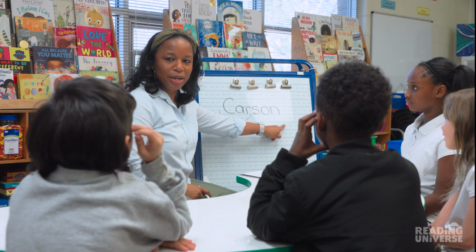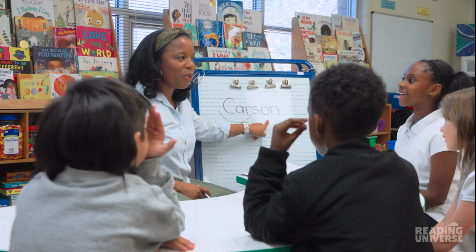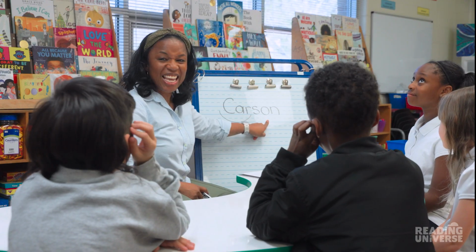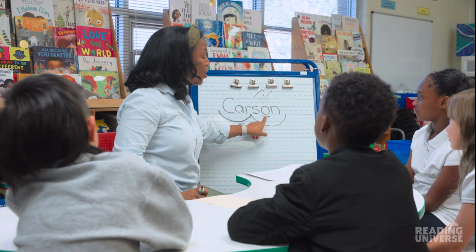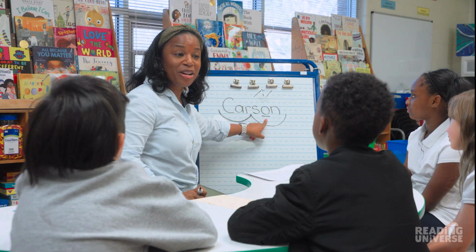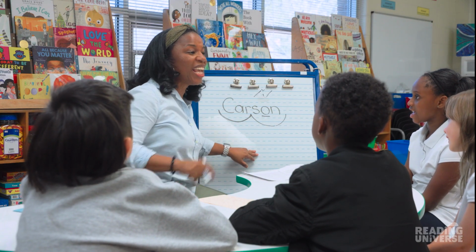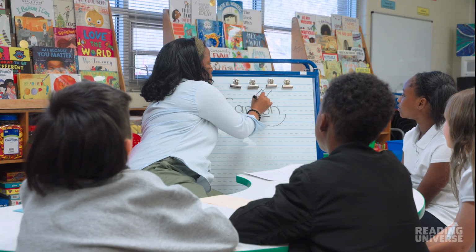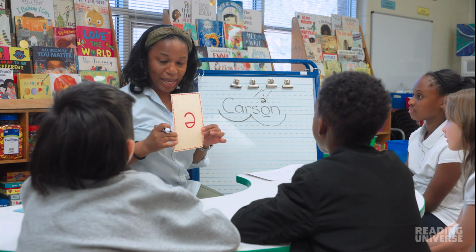Did I say Carson? No. What sound was the O making when I said it? It was actually making the I sound. So in the unstressed part of the word, the O is taking the sound of another vowel. And instead of saying O, it's actually saying I. And we mark that with a schwa symbol. And that is an upside down E.